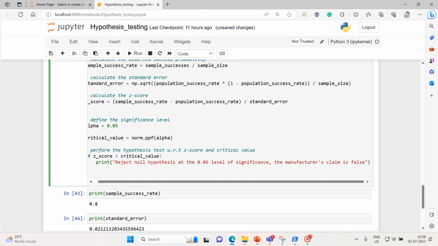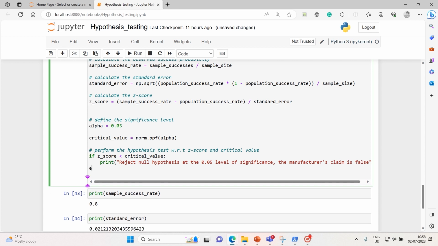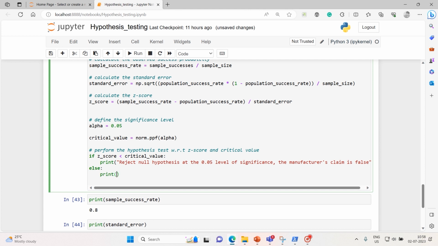On the other side, else print fail to reject the null hypothesis at the 0.05 level of significance.